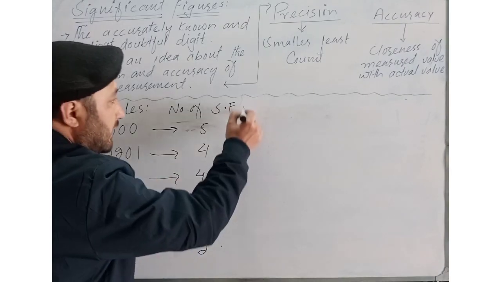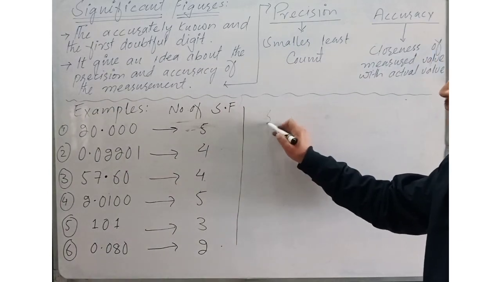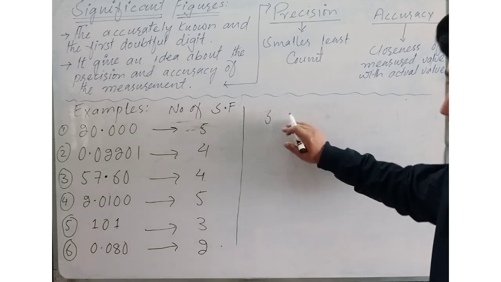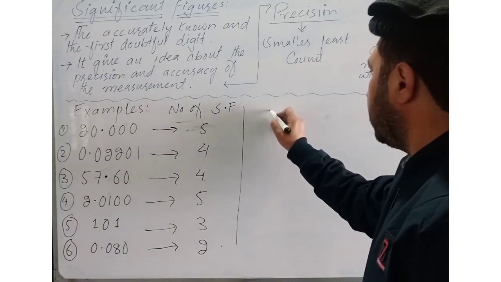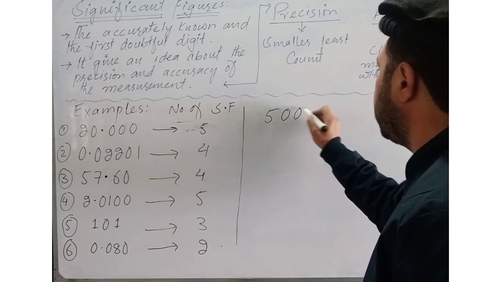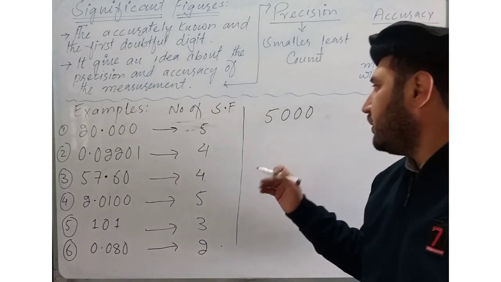Let us take a special case. What about 5,000? How many significant figures will be there? We can't be sure.